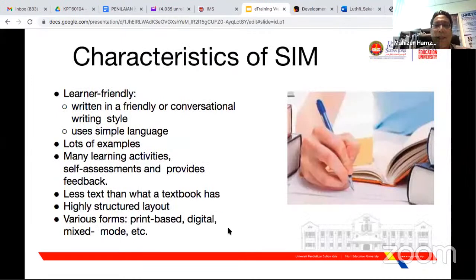Okay, and then the good characteristics of a SIM: learner friendly, of course. Written in a friendly or conversational writing style. Instead of using a formal style, they use a conversational style.